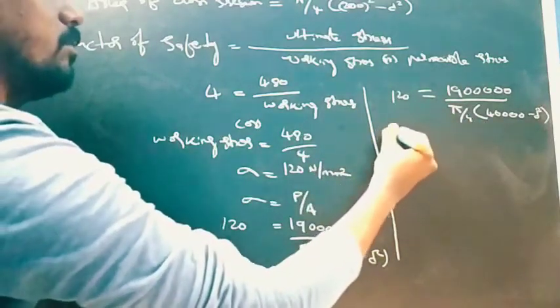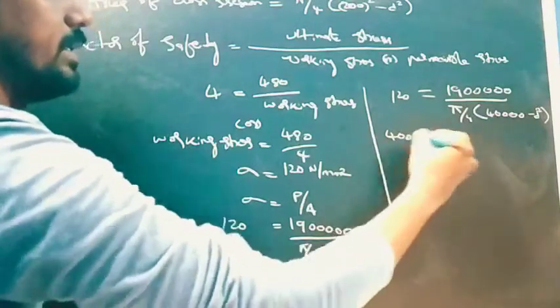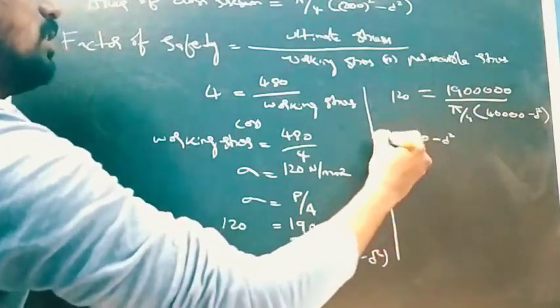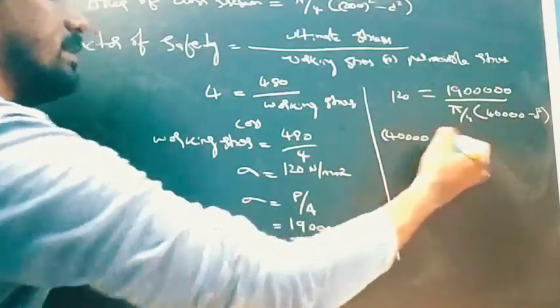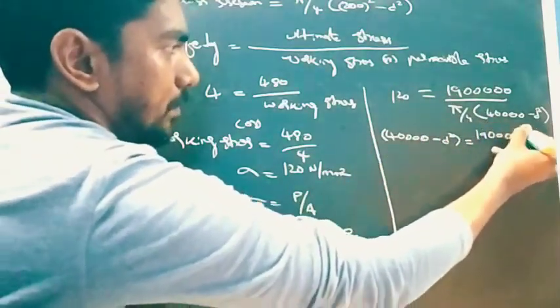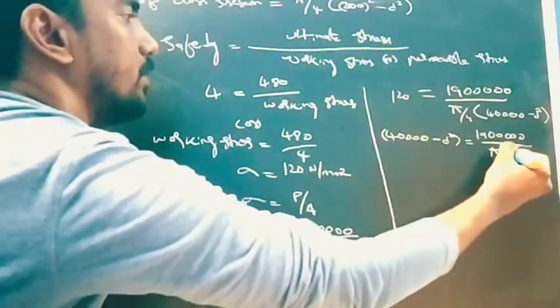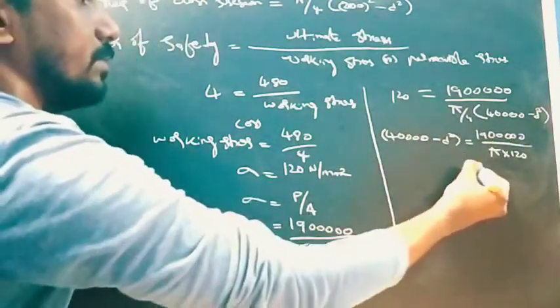Now, 40,000 minus d square, sending the rest to the left hand side, equals 1.9 into 10 to the power of 6 upon pi into 120.